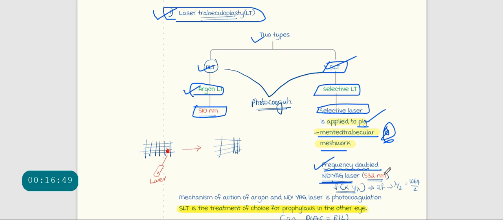Okay, now the mechanism of action of both the argon and the Nd:YAG laser is photocoagulation. So it acts by photocoagulation. Now, SLT is the treatment of choice. Very important. It is the treatment of choice for the prophylaxis of the other eye also.